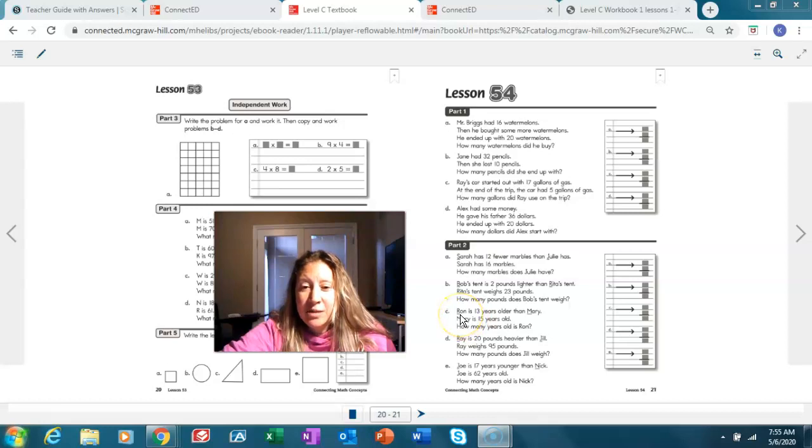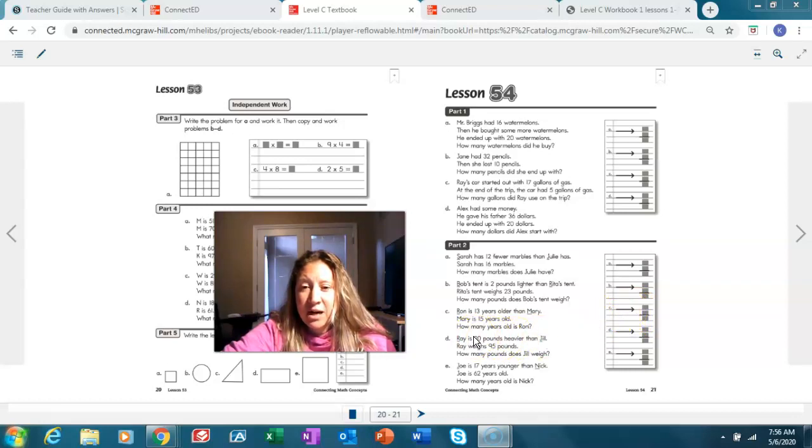Reread without the number. Ron is older. Add R and M to the family. And R is the big number and M is the small number.